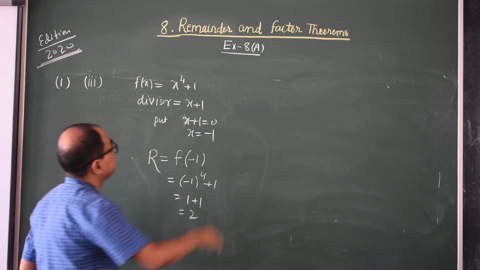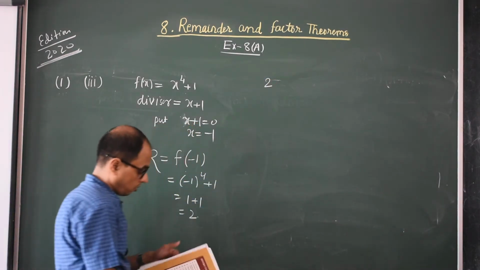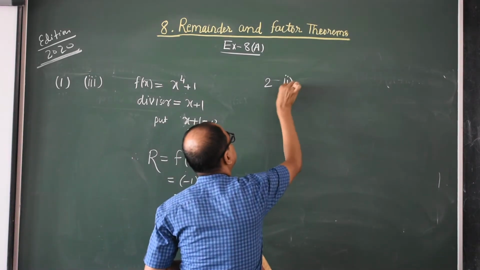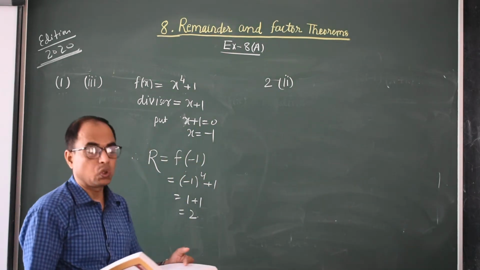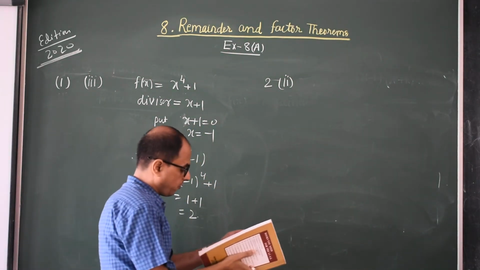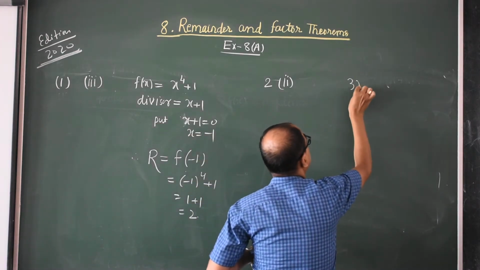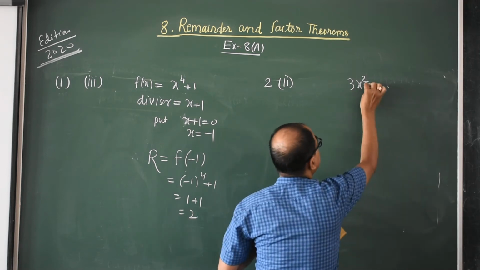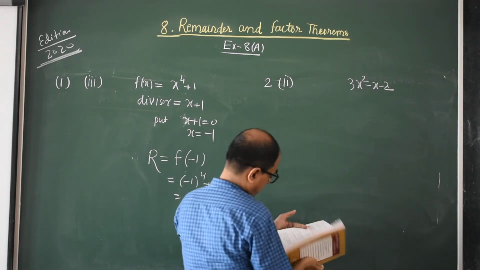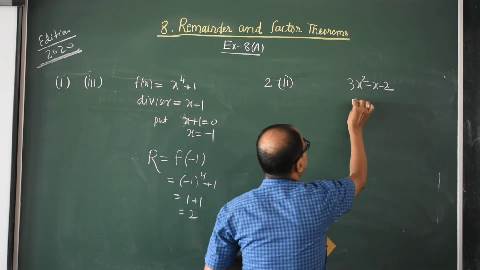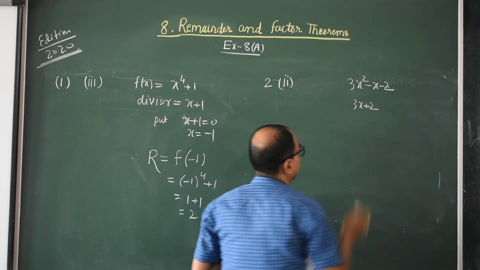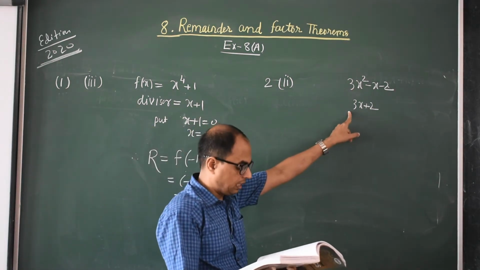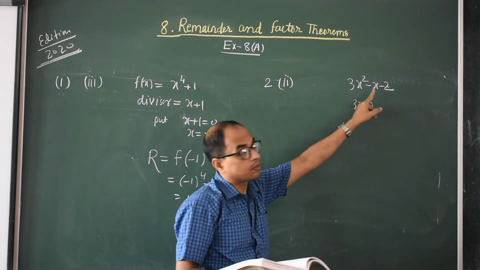Now question number 2, bit 2. Show that 3x plus 2 is a factor of 3x square minus x minus 2. Now the question is, we have to prove that 3x plus 2 is a factor of 3x square minus x minus 2.